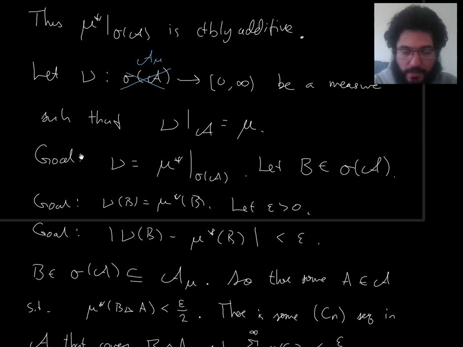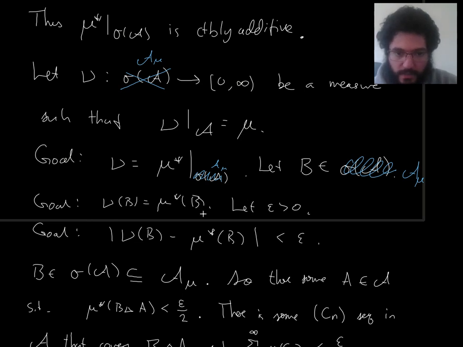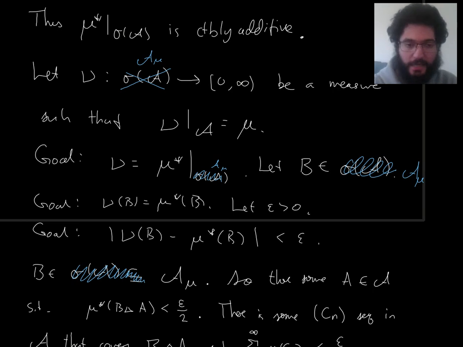Then our goal becomes to prove that nu agrees with mu star on all of A mu. So the B I consider here should be something in A mu. Okay, and then that's my goal, and now I don't need to point out that B is in the sigma algebra, therefore it's in A mu. It's directly known to be in A mu here.